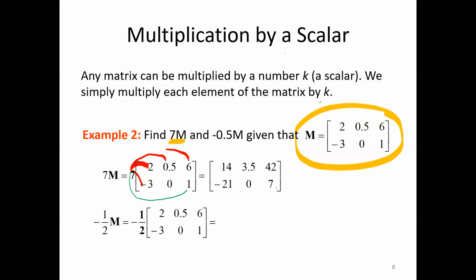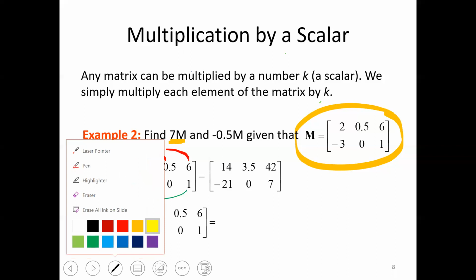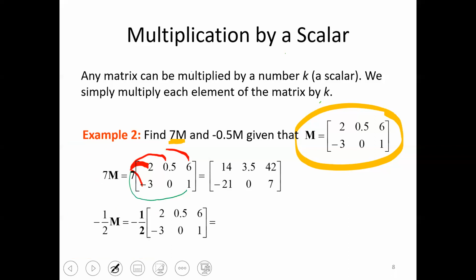Then now, for the next one, it's minus 0.5m, so that means minus half. So you can write it this way, minus half multiplied by the matrix itself. So again, I'll just show you here.